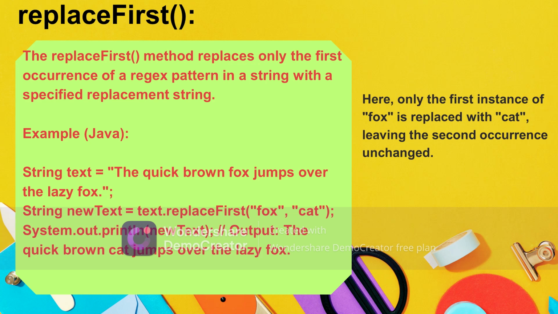Same example I have taken. What is being done here? The action replaceFirst is being implemented here. It is going to replace the word fox, which is the first occurrence in the statement. Only that first occurrence will be replaced. No other words will be replaced.